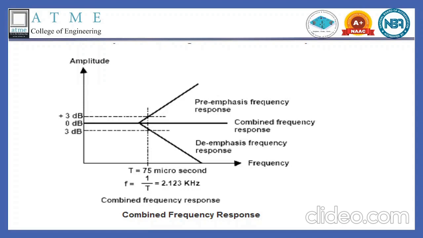The opposite will happen in de-emphasis, where as and when the frequency increases, there will be a decrease in the amplitude of the signal, and thus the gain decreases. The point where the reduction or the increment starts is the corner frequency, which is observed to be 2.1 kilohertz, and that is what we are going to achieve.